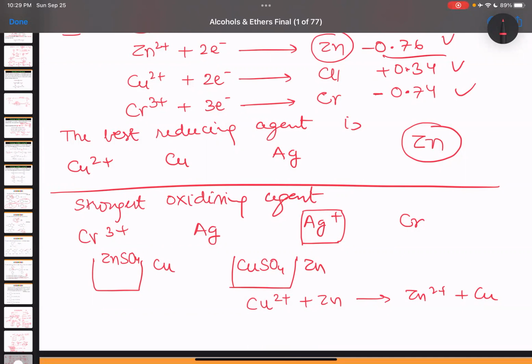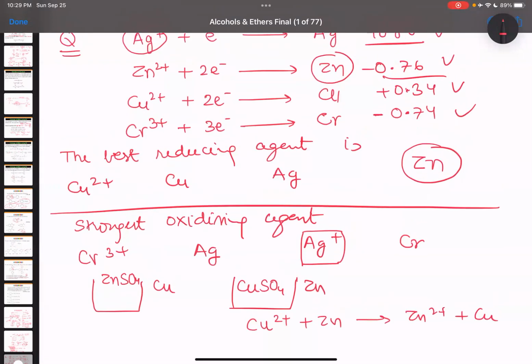It has no problem in giving because it is an electropositive element, but it can't take it. The electrode potential is negative. Okay. So actually zinc can lose electrons. So if it loses to copper, the vessel will dissolve. So this option is incorrect.